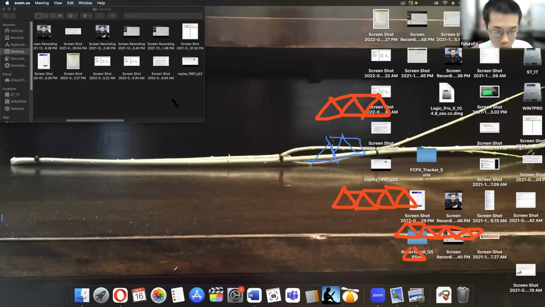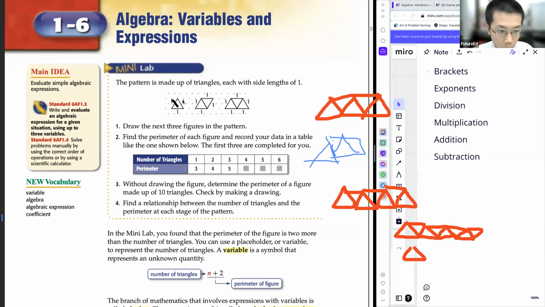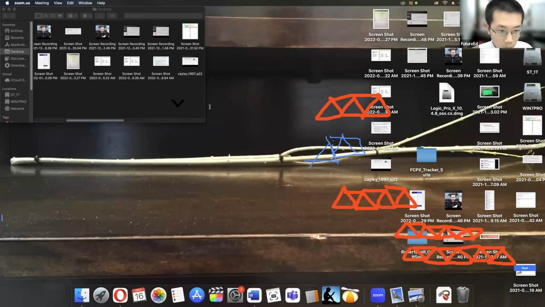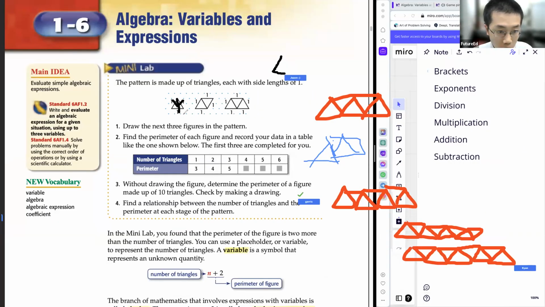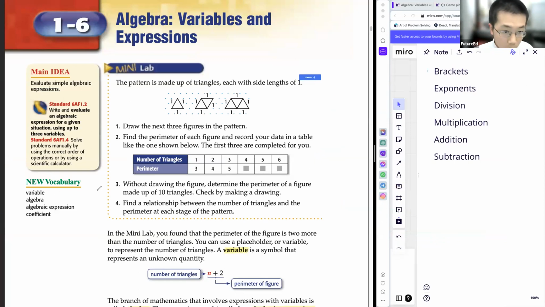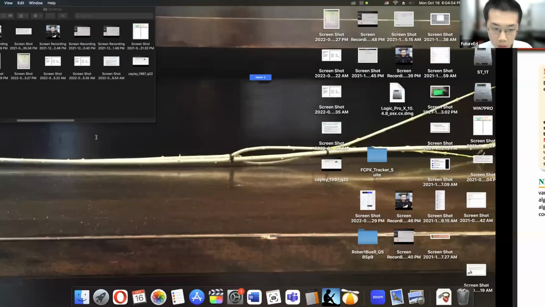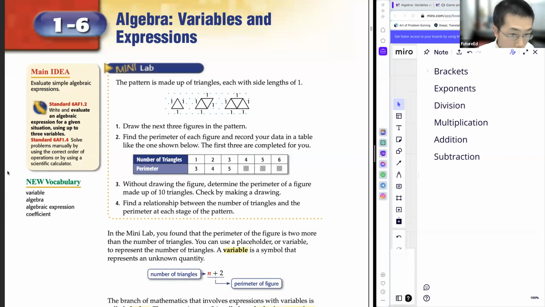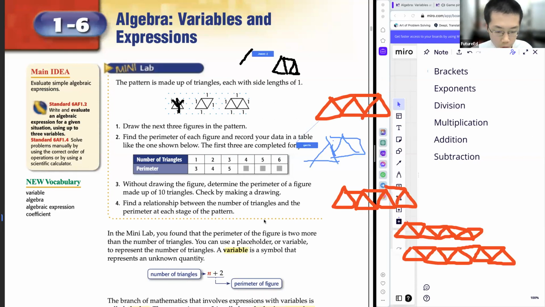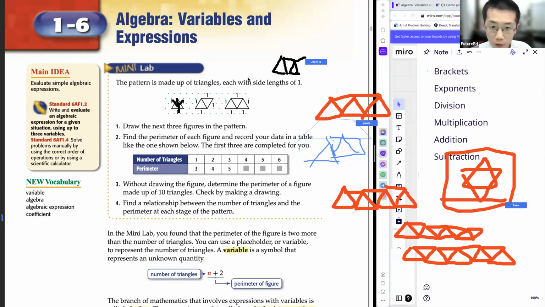So in the first figure, there are 3 sides to the first triangle, and for the second figure, there's a perimeter of 4. The third figure has a perimeter of 5, and I think Jason is drawing the fourth.